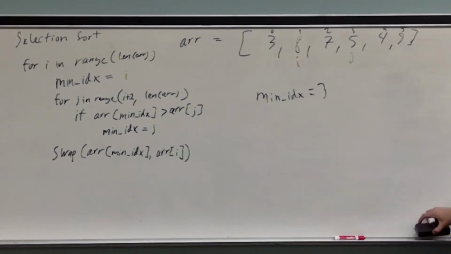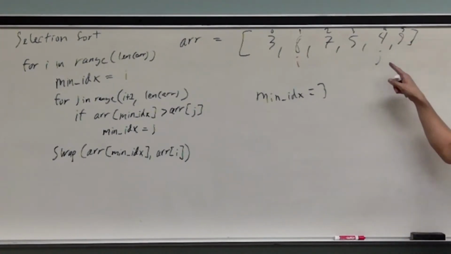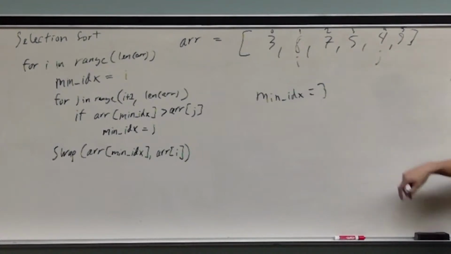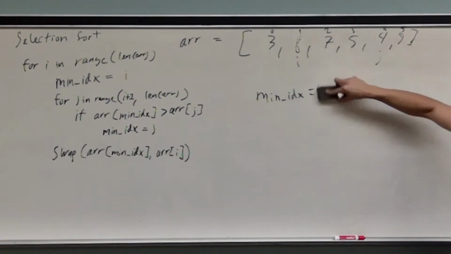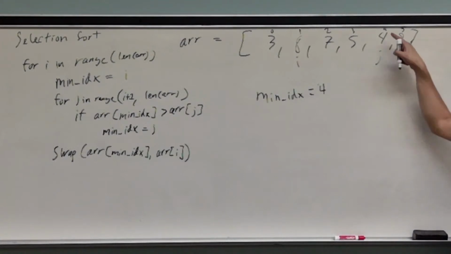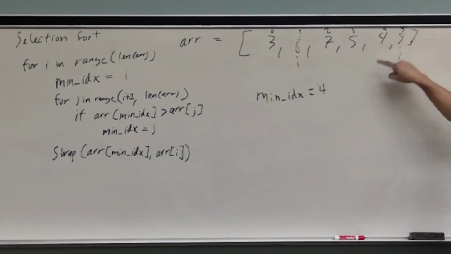Then we move J up again. Okay, so now we're here. And we compare it again. This is smaller. So now, coincidentally, they're both the same, the value and the index. That's just a coincidence. Move it up. Okay, compare that with min index 4. It's not greater, so it stays the same.